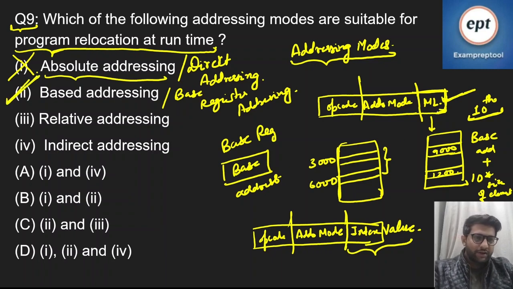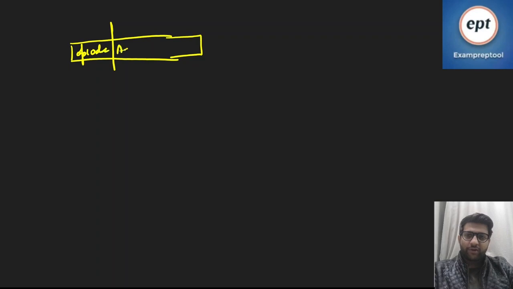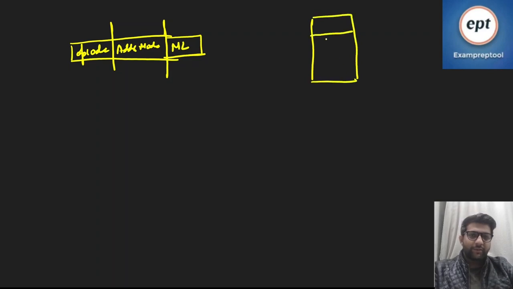The fourth option is indirect addressing. Again, we will have to change the values. If this is our instruction, we will have an opcode, the mode, and then a memory location for the operand. This memory location will store another memory location, and the operand will be stored at that memory location.